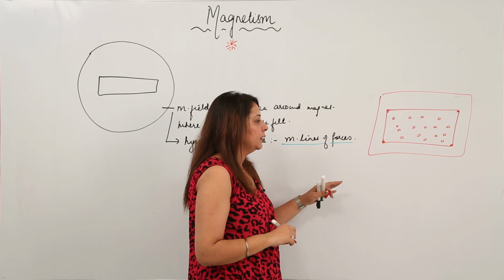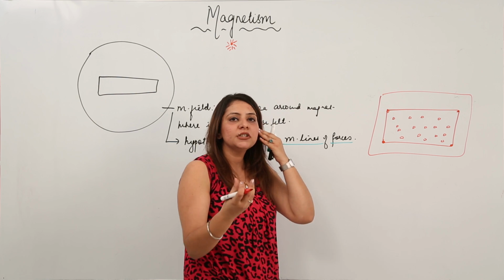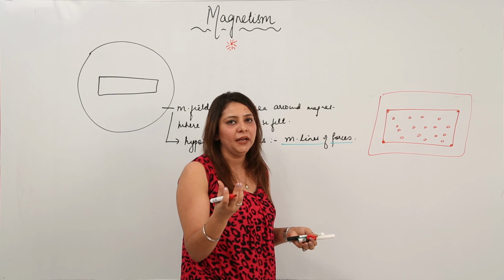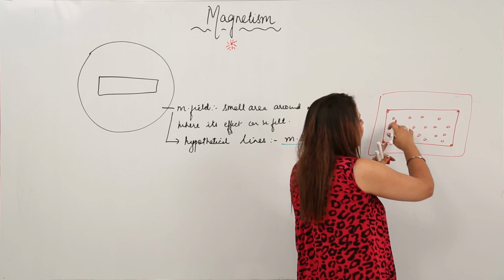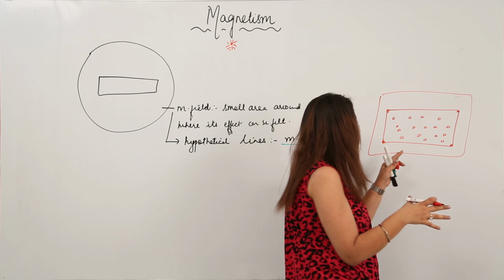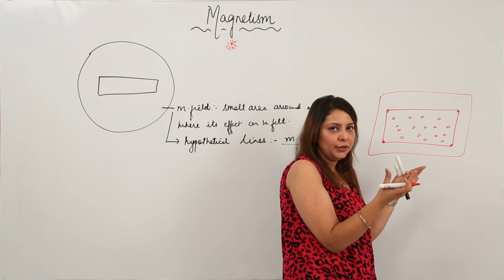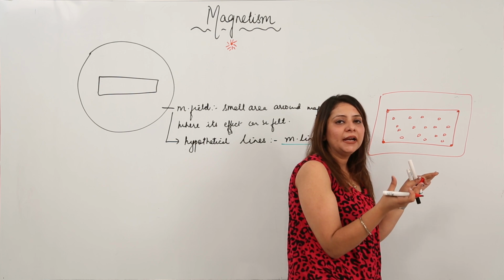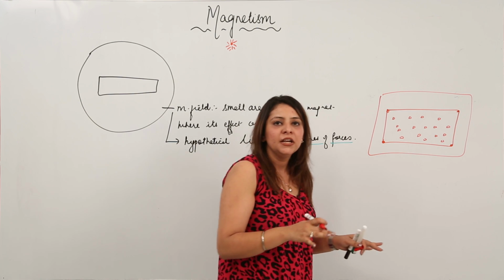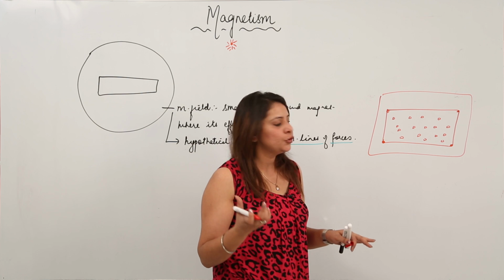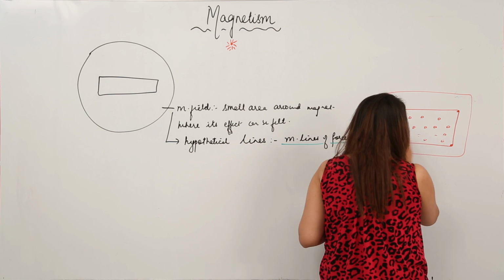Now, below the paper, keep the bar magnet. Suppose again I took a paper, sprinkled iron filings over it, and put the bar magnet below it. Then I saw that the filings acquire a proper, particular shape. Their shape was something like this.